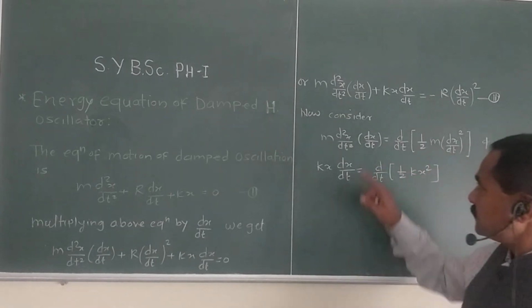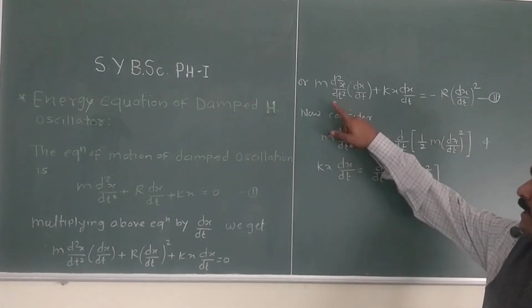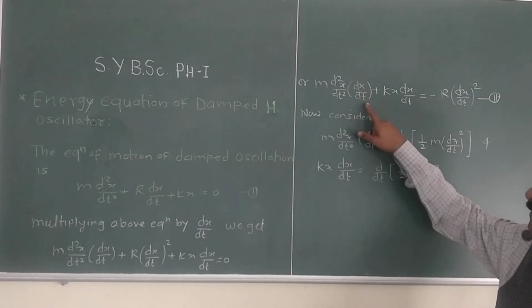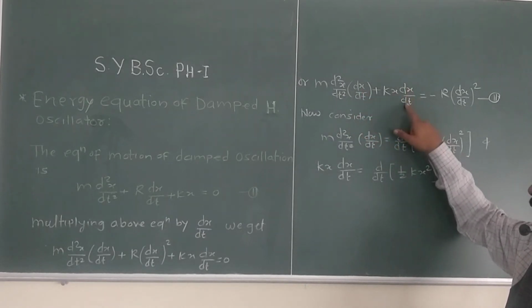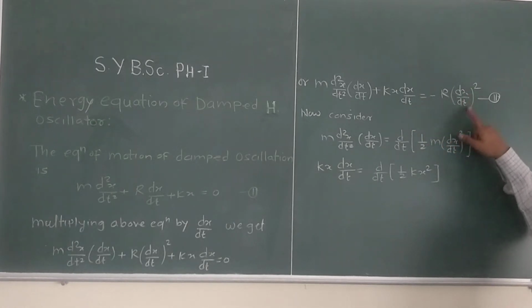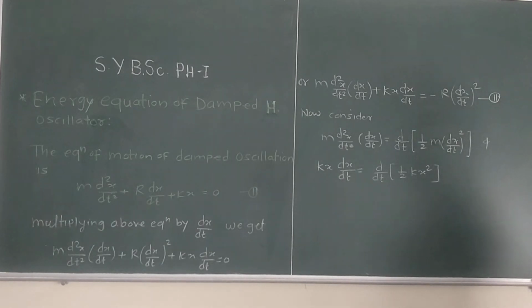Or we write this equation as m d2x by dt square into dx by dt plus kx dx by dt equal to minus r (dx by dt) whole square. So this is equation second, right?